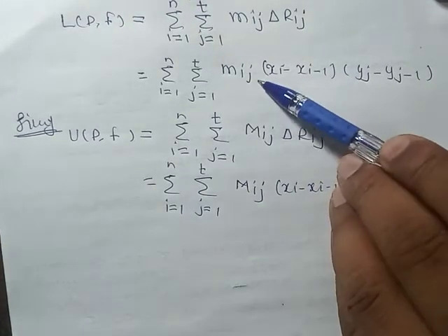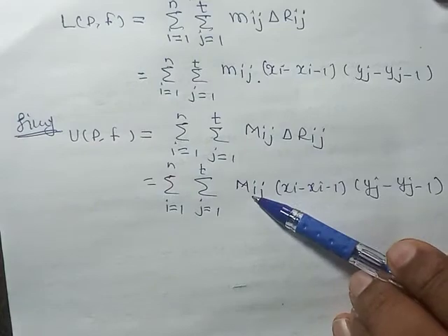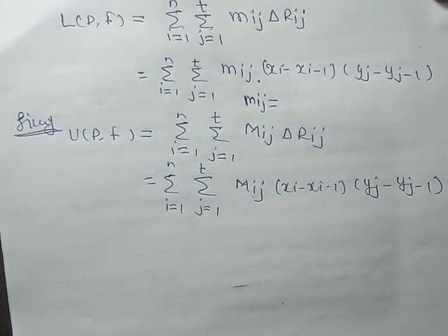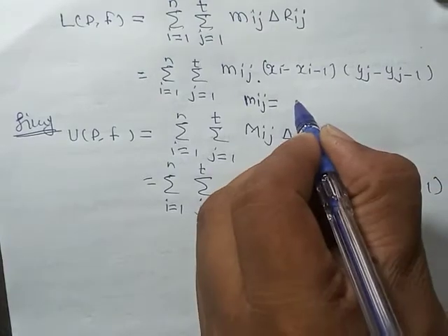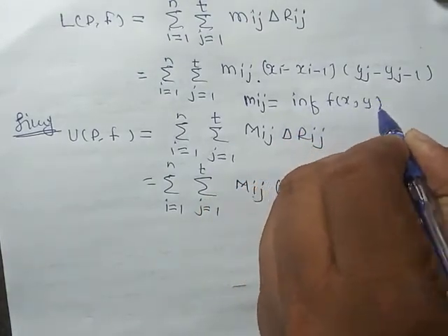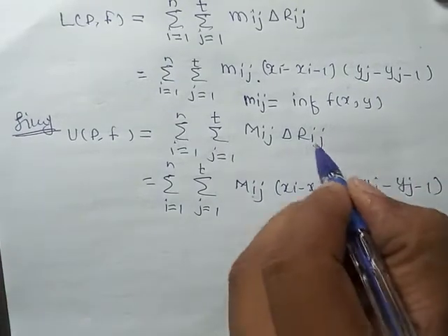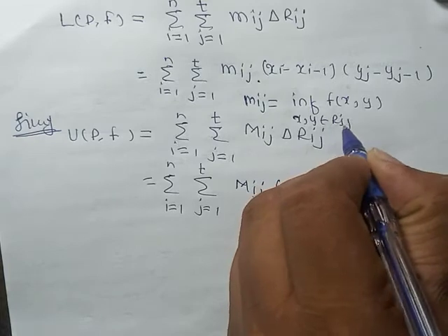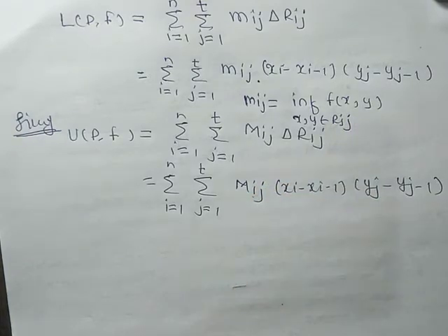Now what are these small mij and capital Mij? Small mij is equal to the infimum of the function f of x comma y, over x comma y belonging to the subrectangle Rij.